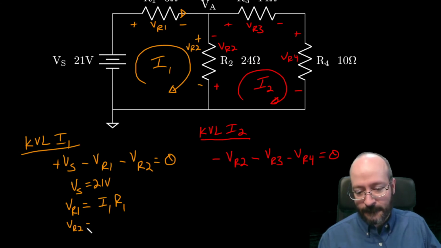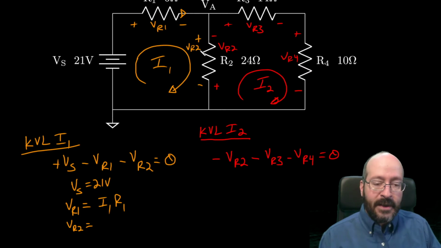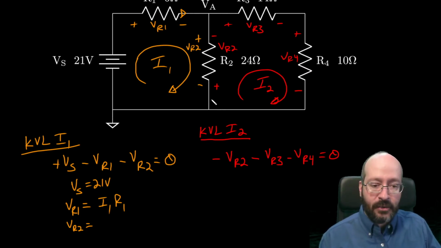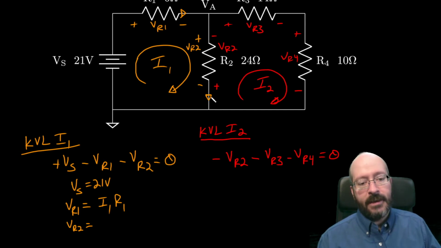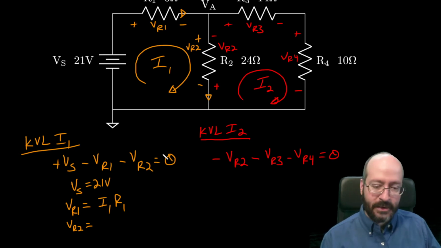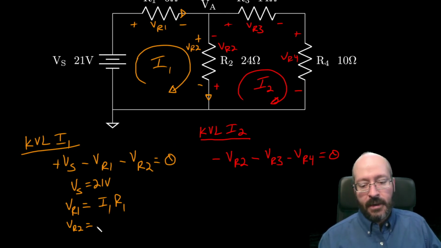We're going to do the same thing for VR2. Now the polarities differ depending on which KVL you're writing. Right now, plus to minus in the orange is going to give me a positive current direction of down, according to the passive sign convention. Does I1 touch that current?